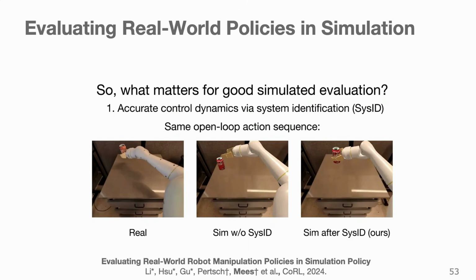You can do this by doing a system identification procedure on a small number of samples collected from the real world, right? So basically, in a nutshell, your low-level controller in the real world and in the simulation should produce more or less the same outputs.